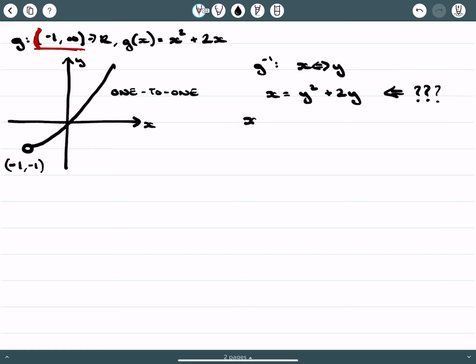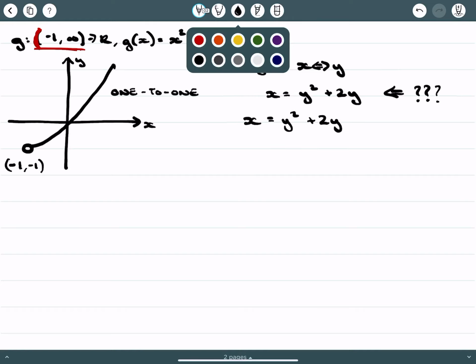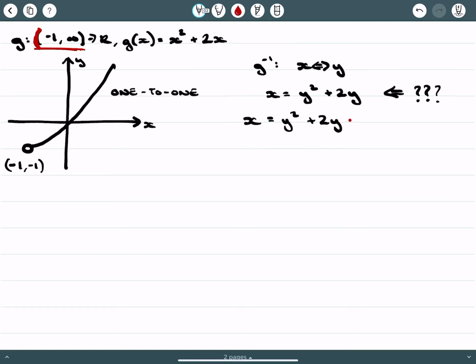If I replicate this like so, I complete the square by adding half of this all squared, then subtracting the same value all squared, and what that gives me is x = (y + 1)² - 1.